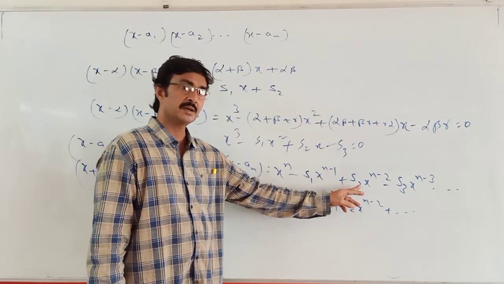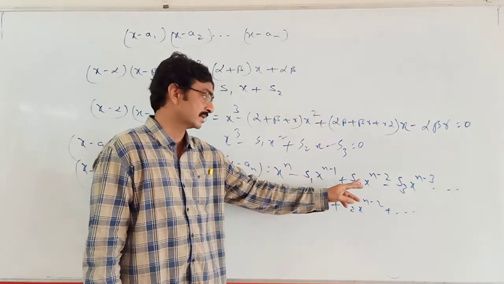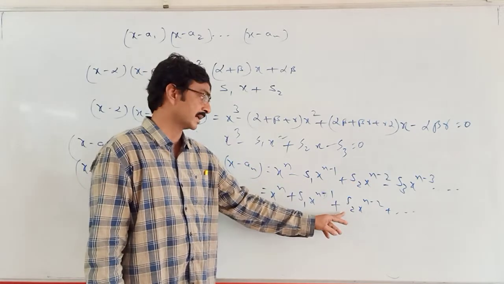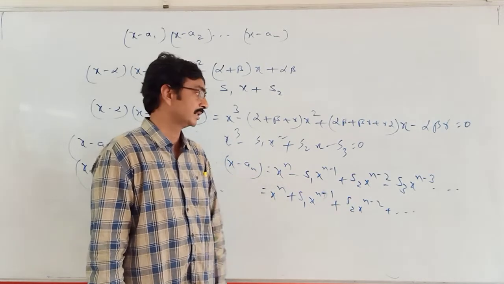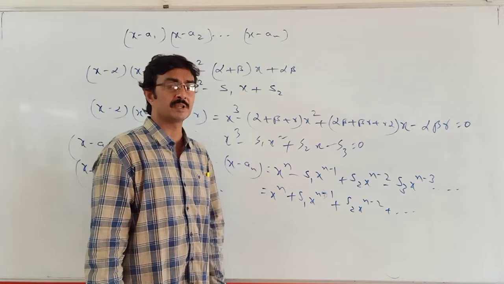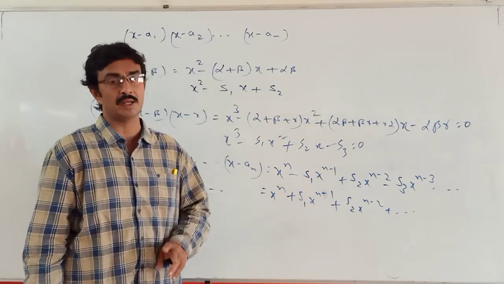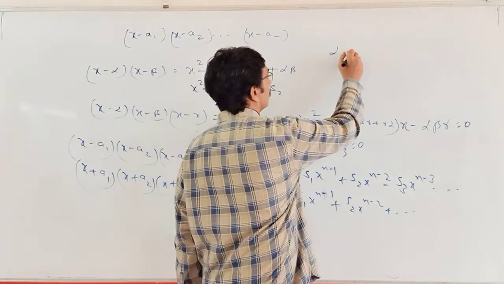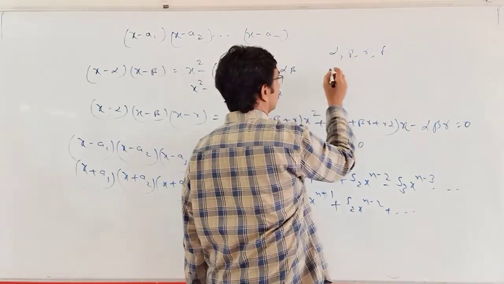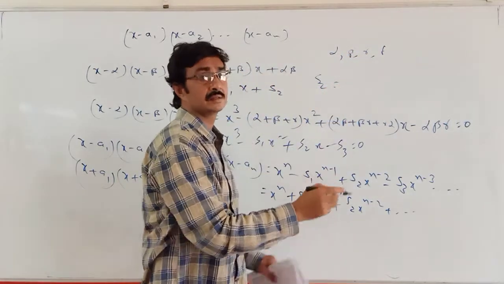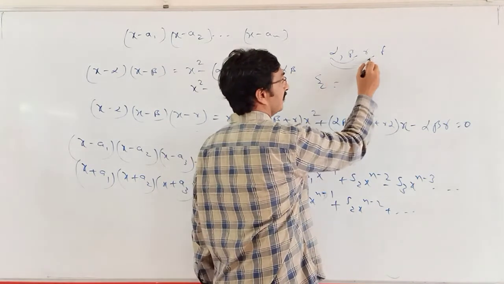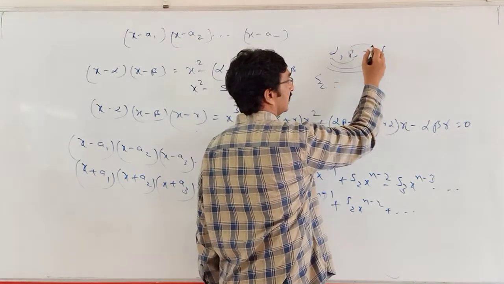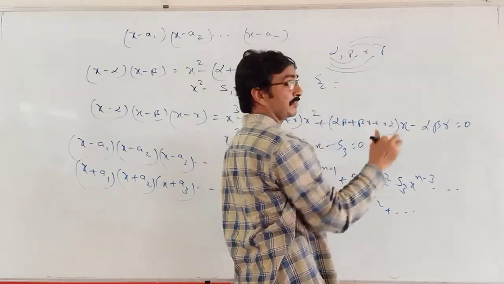Similarly, for the coefficient of the third term the formula is s2, in this case also s2. S2 means the sum of the products of the roots taking 2 at a time. Suppose there are 4 roots alpha, beta, gamma, delta. S2 is alpha beta plus alpha gamma plus alpha delta plus beta gamma plus beta delta plus gamma delta.